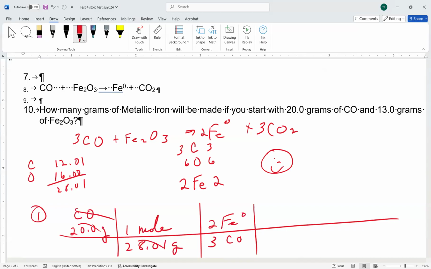And then iron is, how much is iron? 55.85.